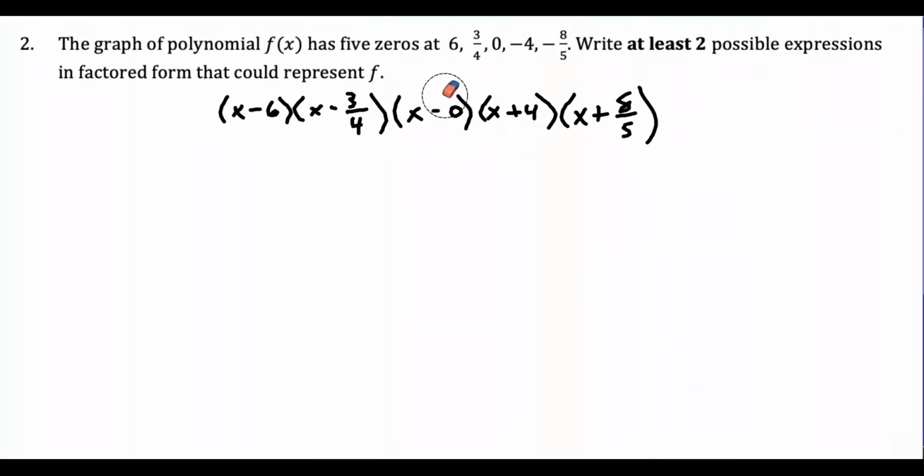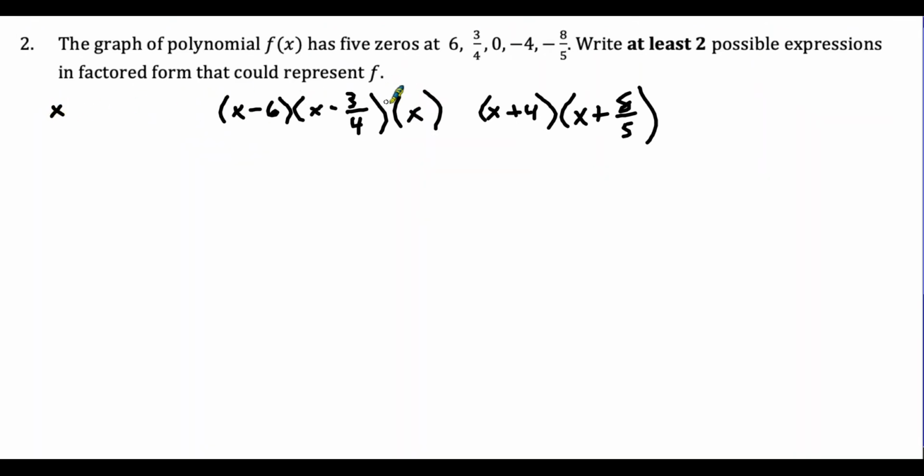So I'm actually going to go ahead and change that here, and I'm going to make this factor just times x. Now, I mean, this could have any coefficient on it as well. I could write this as 5x or 37x, because again, what I'm thinking is what happens when I set that factor equal to 0.